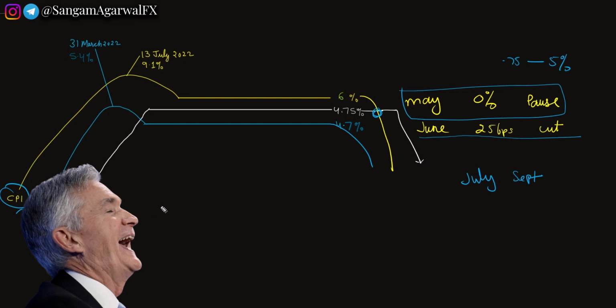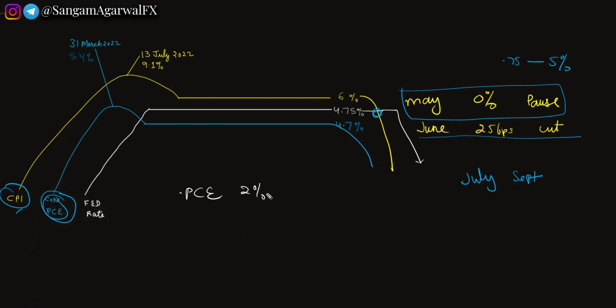And the second thing, their inflation target is the PCE number officially, and that was 2%, but because of this stagflation, the inflation target will change, and unofficially it is right now 3%. And the Fed always says core PCE is the best way to predict the PCE number.